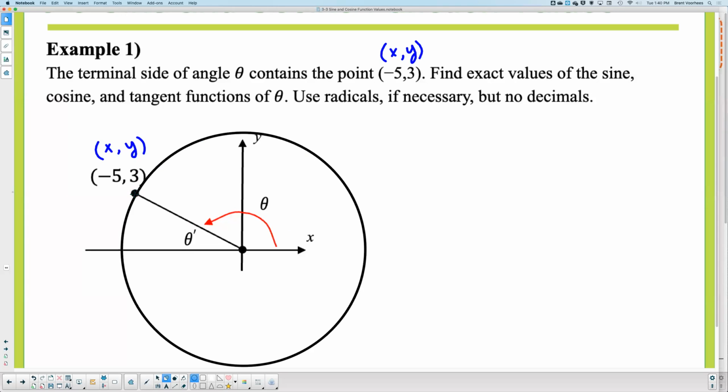So draw your circle that goes through that point like that. Now I'm also going to extend this through the circle this direction, the initial side. So this is the initial side, this is the terminal side, like that.